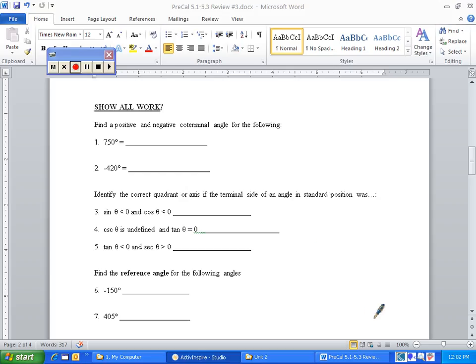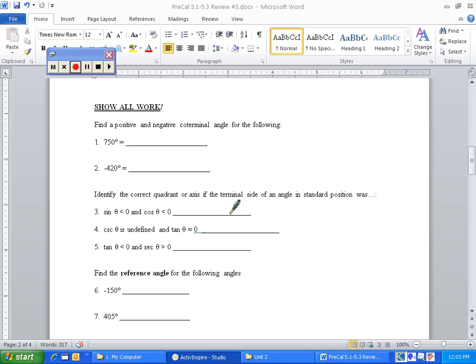So the first one says that sine of theta is less than 0, which means it's negative, and cosine is less than 0, which means it's negative. Well, the only time that that happens is here in the third quadrant. So the answer to the first question is the third quadrant.